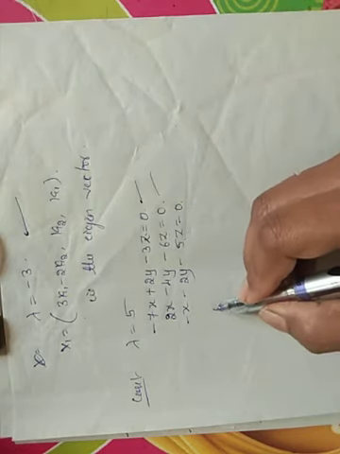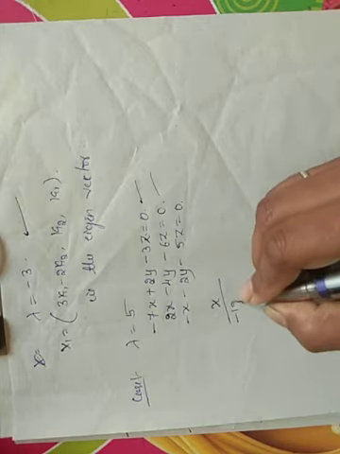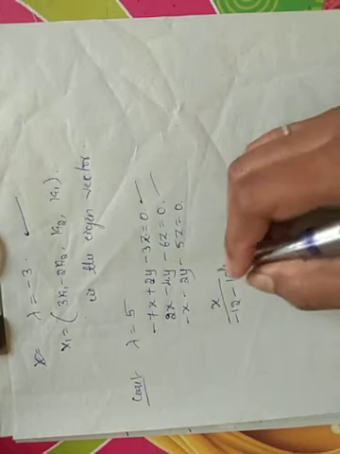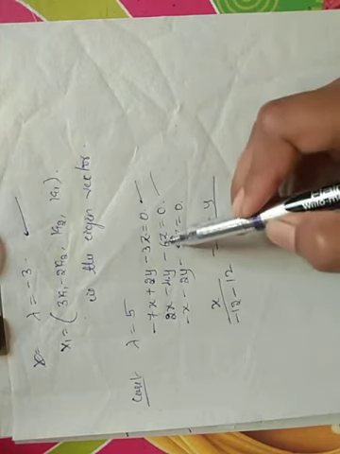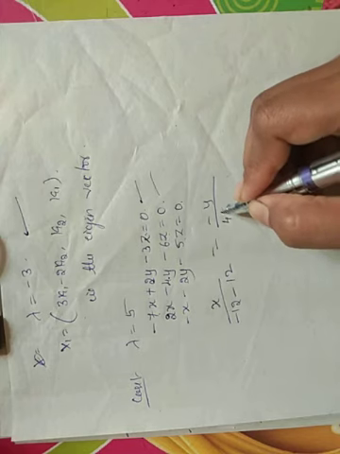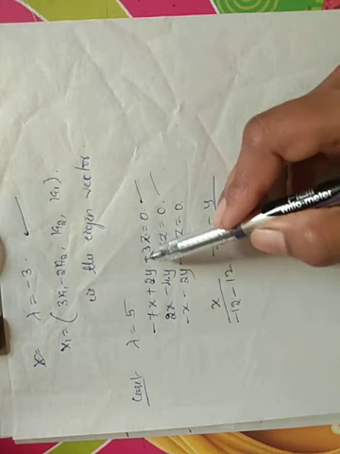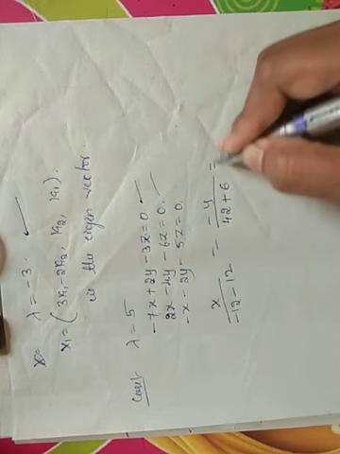So x divided by 2 into -6 is -12, minus 4 into 3 is 12, giving -24. Minus y divided by -7 into -6 is 42, minus 3 into 2 is 6, so 42 + 6 = 48.